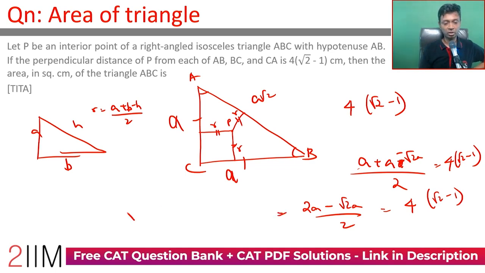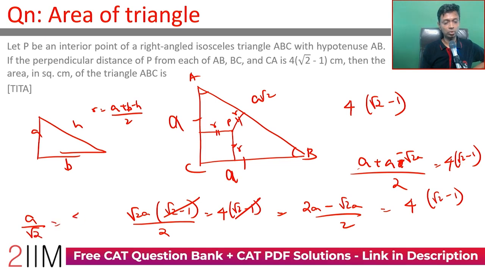So I'm going to write this as root 2A times root 2 minus 1 by 2 equals 4 times root 2 minus 1. Or A by root 2 equals 4. A is 4 root 2.